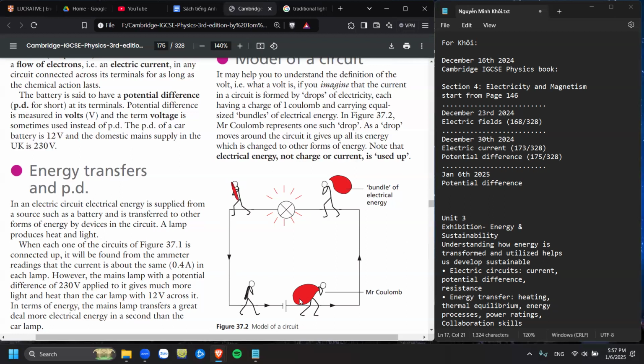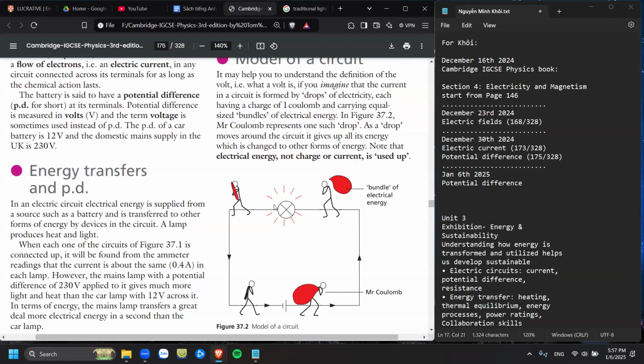Just look at this one. You see, here's a battery. So at the start, Mr. Coulomb here carries a lot of electrical energy, right? And as he moves along the wires, you see the bag is getting a bit smaller. Why? Because the wire itself consumes some electrical energy, right?